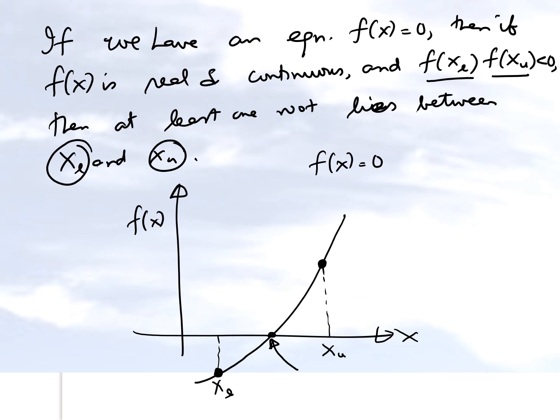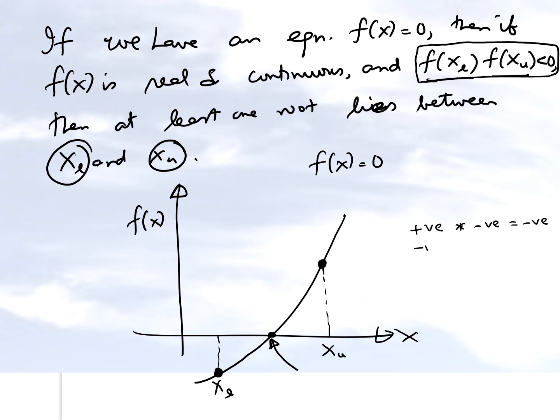Although that's a qualitative way of saying it, if we are writing a program, then the way to do it is to calculate the value of the function at one point and calculate the value of the function at the second point and see if the product of the two function values is negative, because if one is positive multiplied by another one that is negative, we get a negative number.